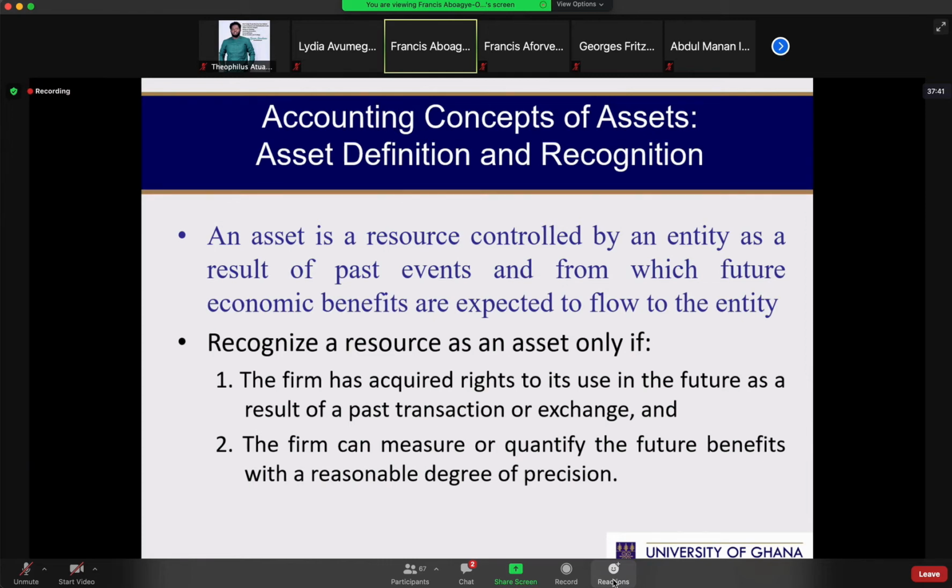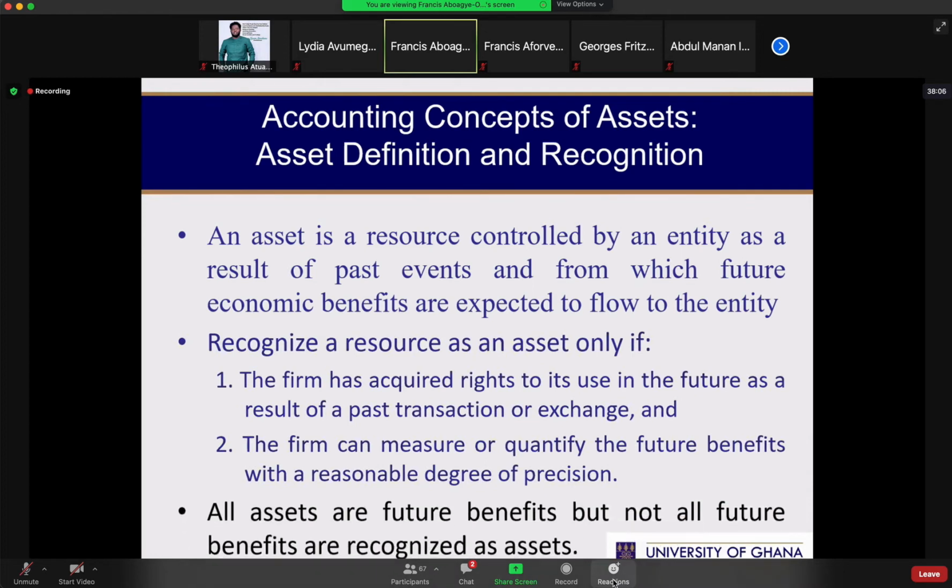So, for you to recognize a resource as an asset, these two sets of conditions must be satisfied. It is right to say that all assets are future benefits, but not all future benefits are recognized as assets.